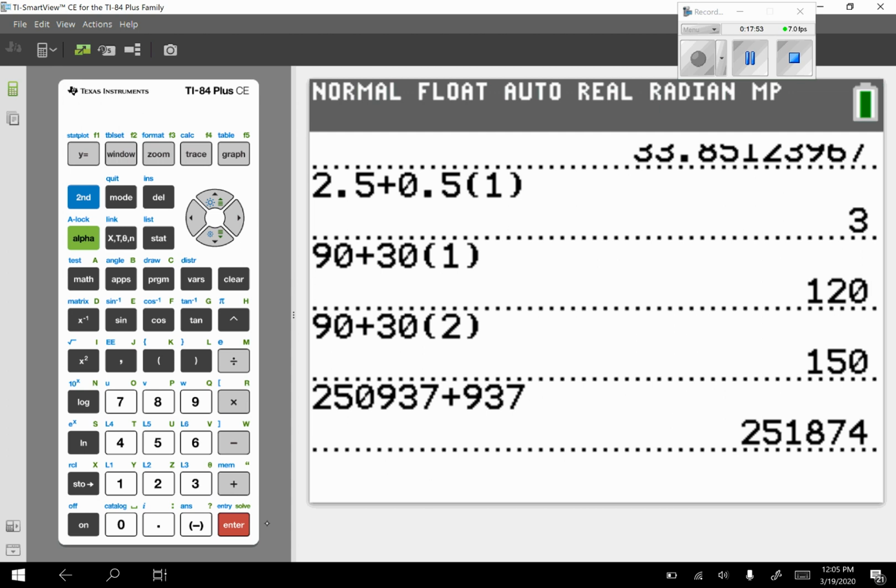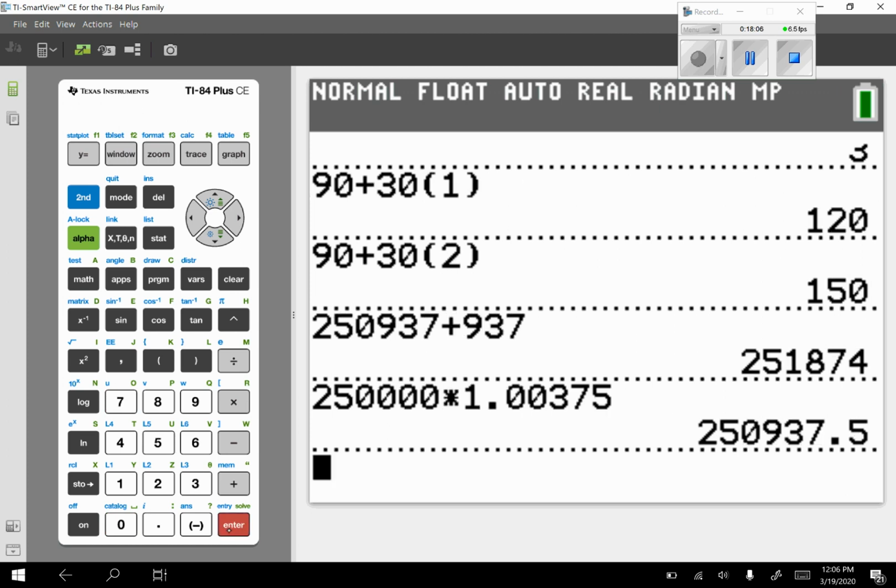While I'm on my calculator screen, I'm just going to show you that choice 3 does work. 250,000 times 1.00375 gives me 250,937.